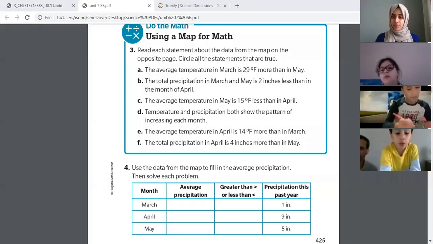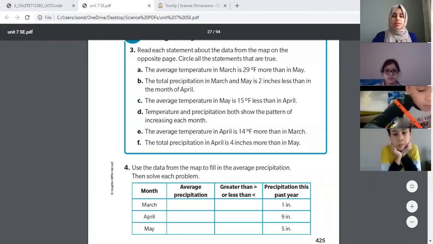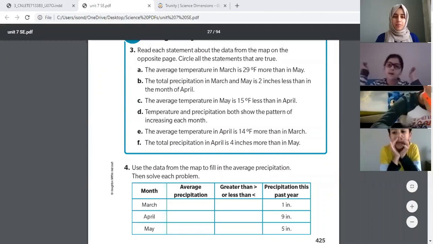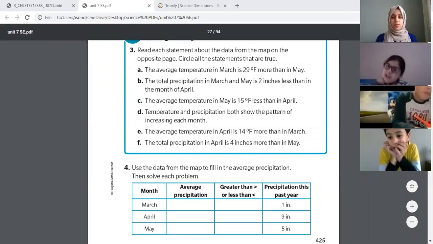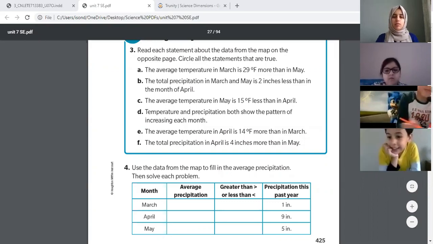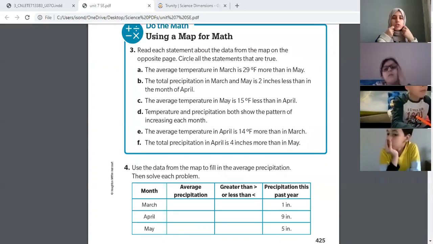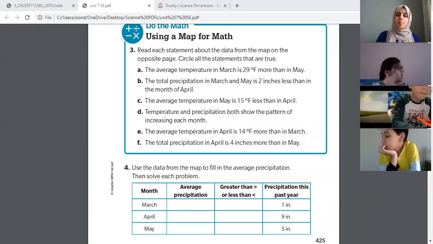Yesterday we stopped at number 3, and I think we finished C and we started D, and we were calculating the amounts of temperature and precipitation that were provided on page 424, I believe.